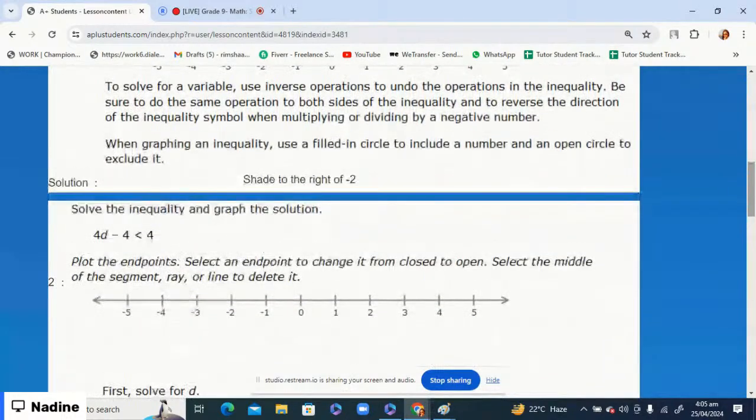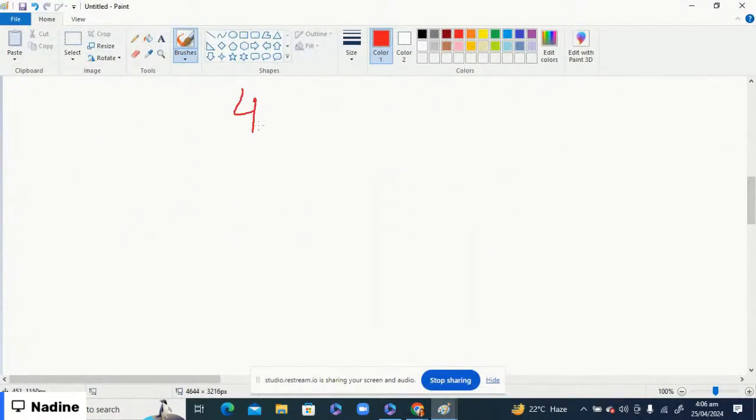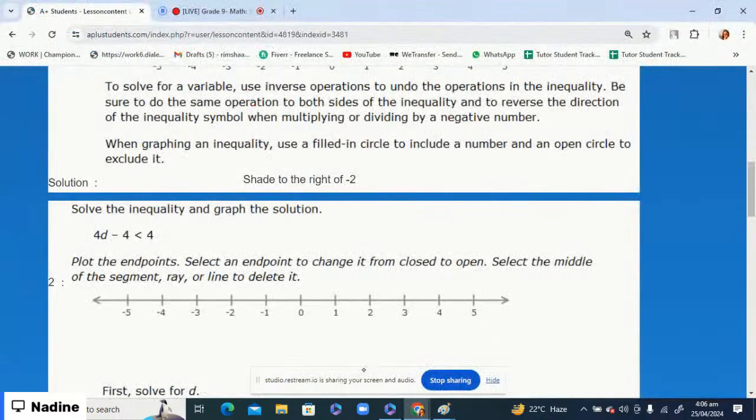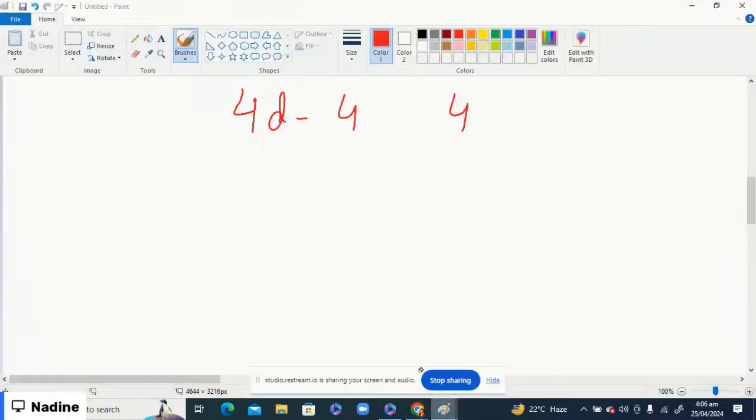Let's do the next question. That is 4d minus 4, which is less than or equal to 4. What's the sign with it? This is the less than sign. Now, first of all, add 4 to both sides.